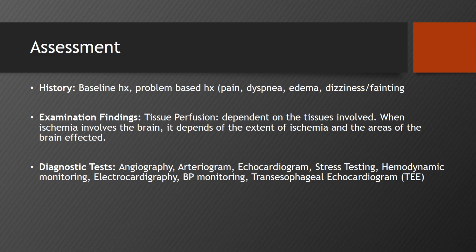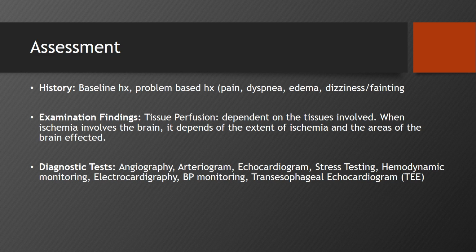So the arteriogram is similar in the fact that it looks at the arteries. It can determine aneurysms, and again, if there's blockages somewhere. Echocardiogram, so that is like an ultrasound of the heart. Echocardiograms can also be invasive, which would be your transesophageal echocardiogram.